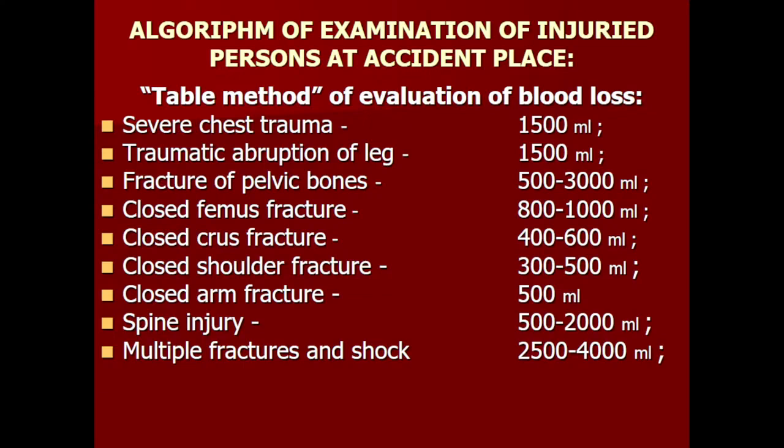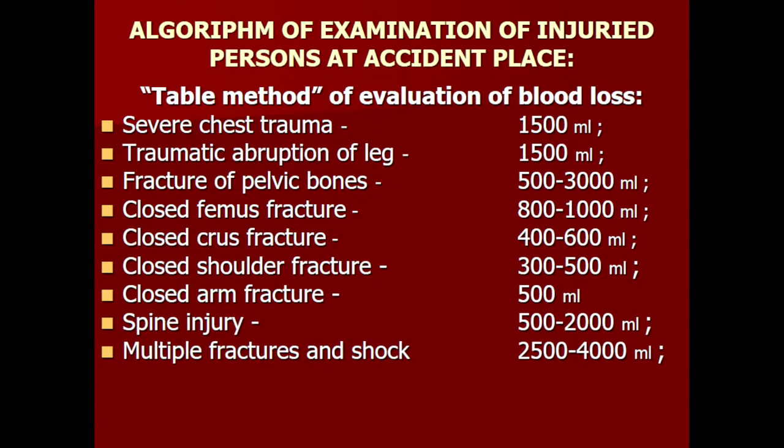Table method of evaluation of blood loss. It is very important at the accident place or in the admission department. Even without analysis, you know what damage there is, by the calorimetry of trauma. If the patient has severe chest trauma, 50-100 milliliters of blood loss. Traumatic amputation of the leg, 50-100 milliliters too.